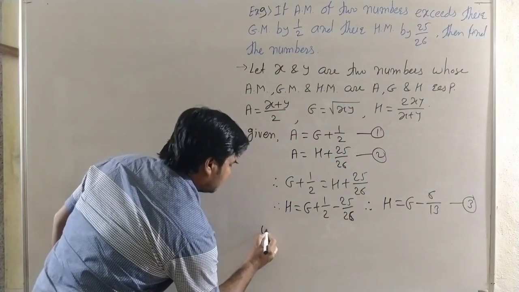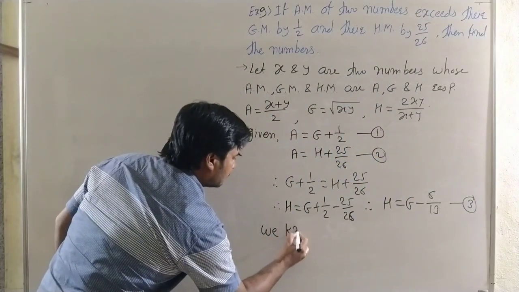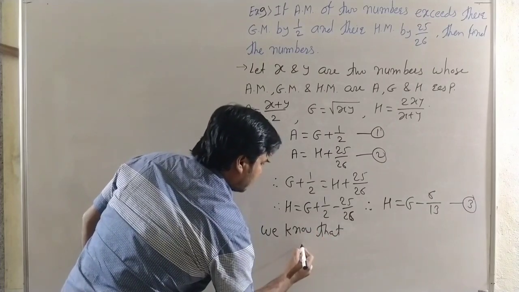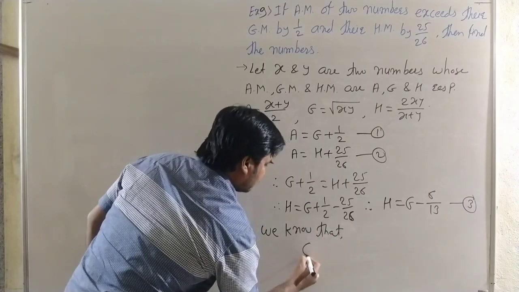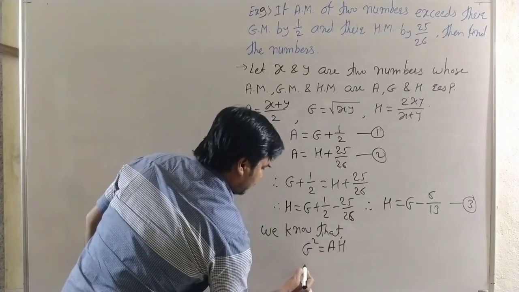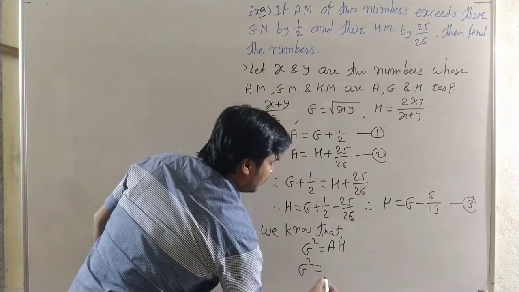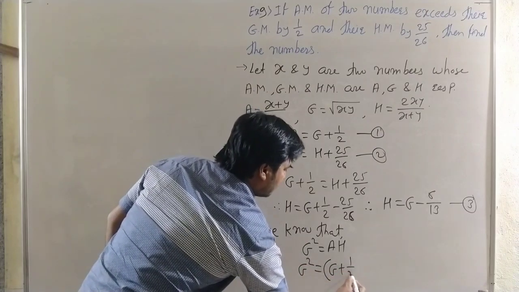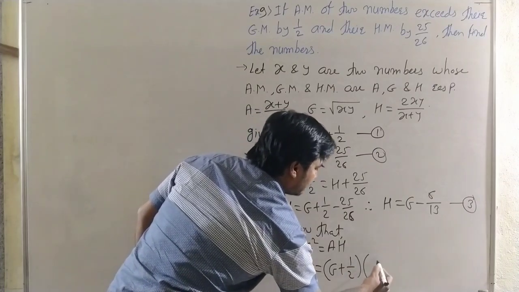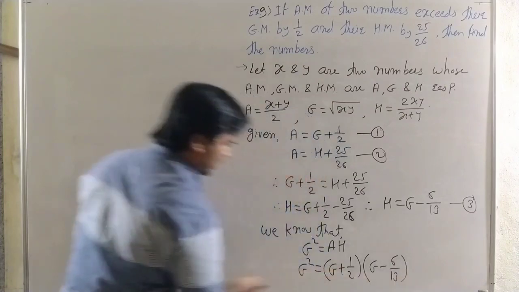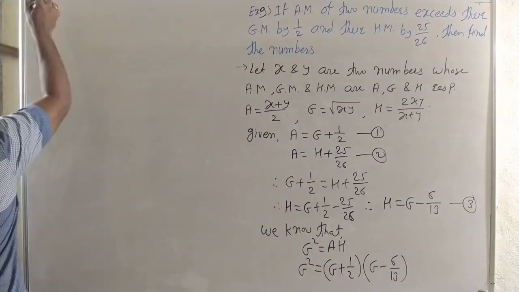Here we know that G square is equal to A into H, and therefore G square is equal to A, G plus 1 by 2, and H, G minus 6 by 13. Now we take the multiplication of this term.